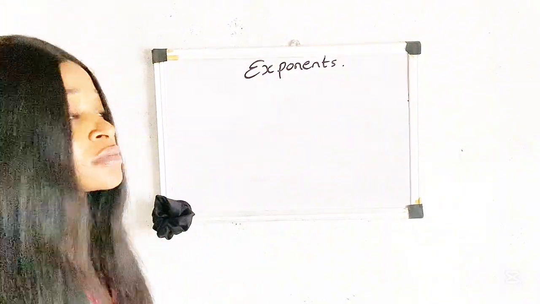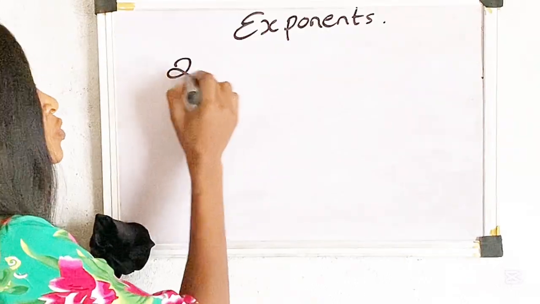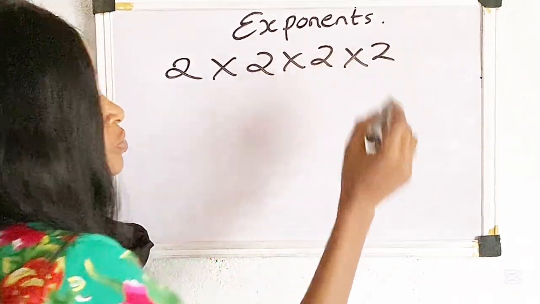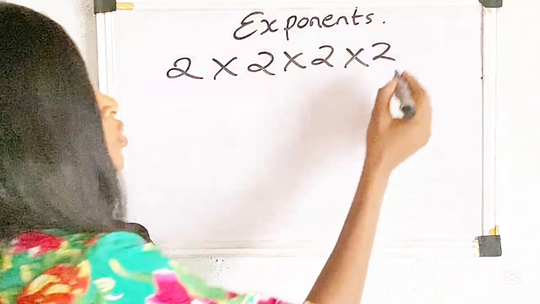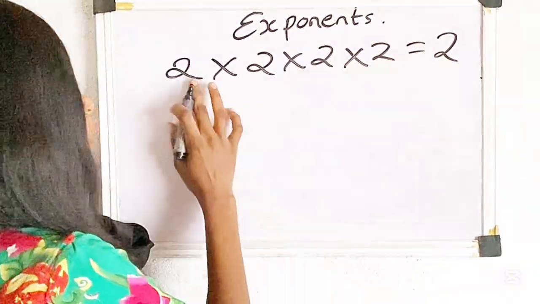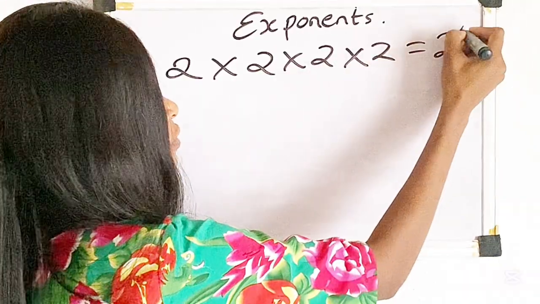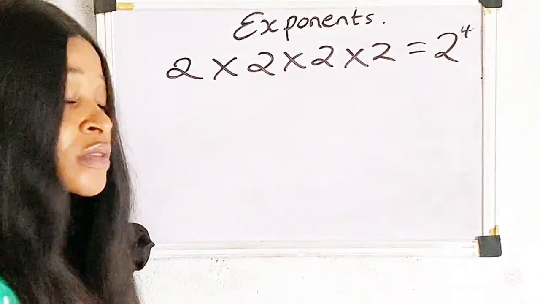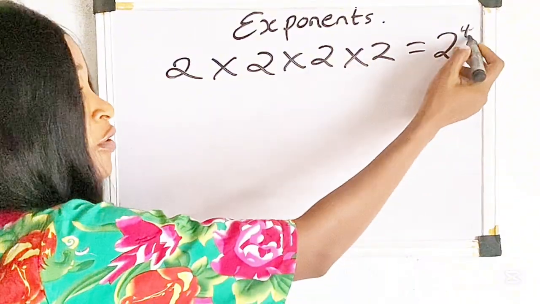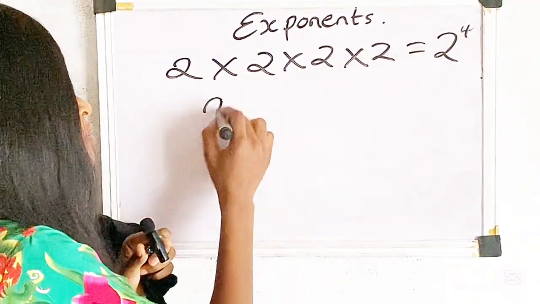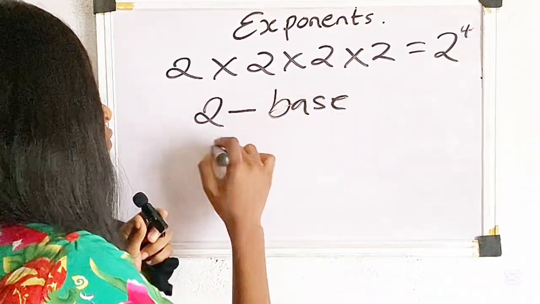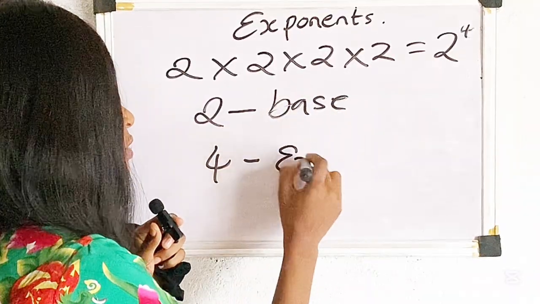Instead of writing something like 2 times 2 times 2 times 2, we write it as 2 raised to the power of 4. 2 is the base. 4 is called the exponent.